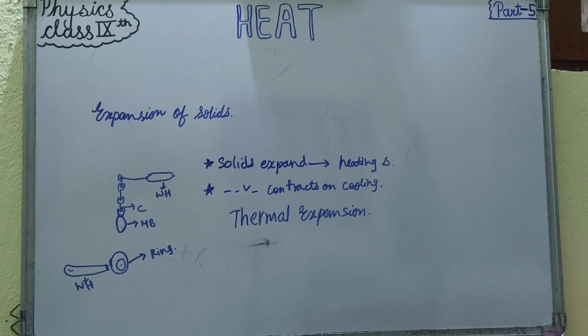Thus, they start moving with increased speed. As a result, the mean distance between the molecules also increases. This leads to expansion of the substance. Similarly, on cooling, the mean distance between the molecules decreases and it results in contraction.